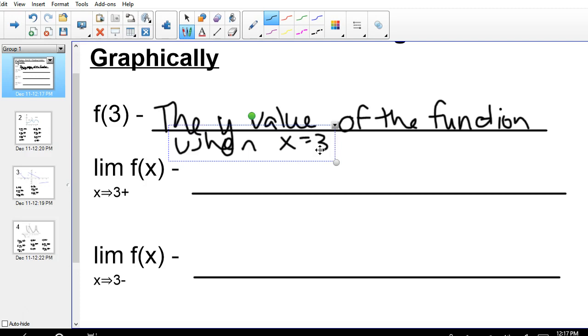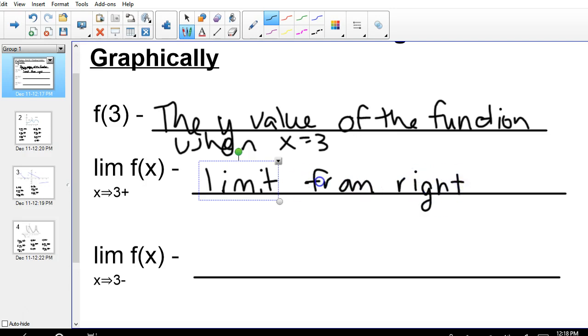If you see the limit of f of x, and below it you see this x with the arrow and a 3 and a plus behind it, that means the limit from the right. I used that notation a little bit in those notes that you were looking at on Friday.